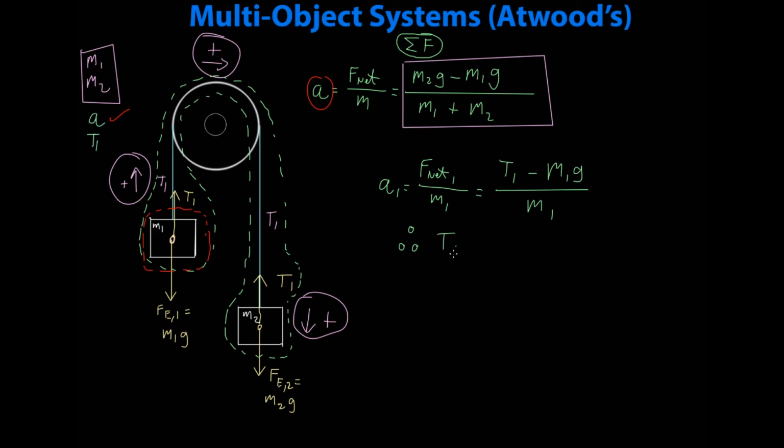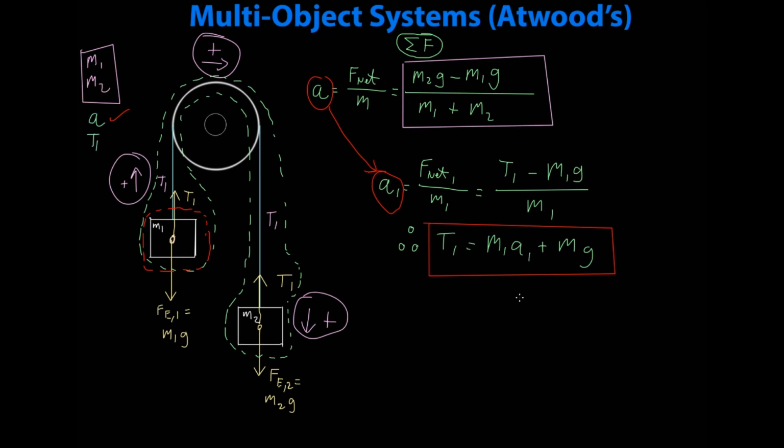Therefore, T1 equals m1a plus m1g. This would solve for T1. And again, this acceleration and this acceleration are the same.